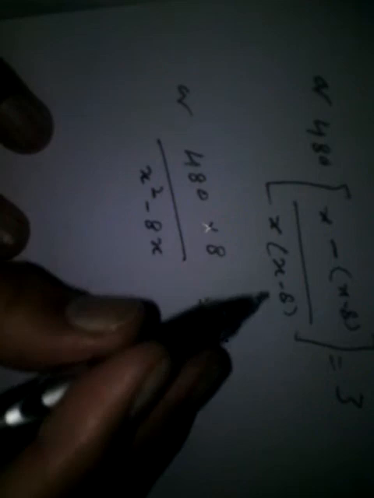So 480 into 8 divided by x square minus 8x is equal to 3, because x into x minus 8 is x square minus 8x. On cross multiplying, we get 8 into 480, which is 3840.